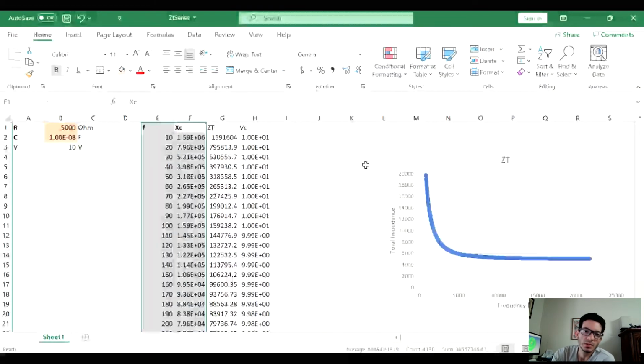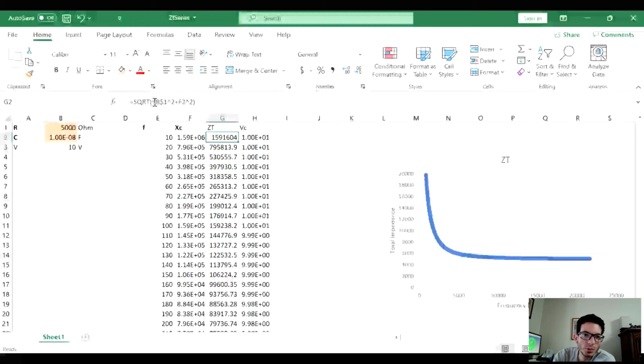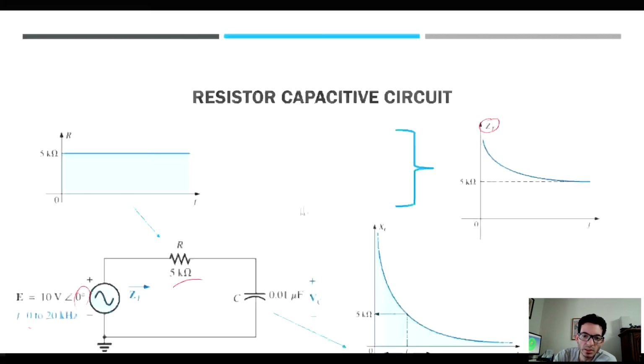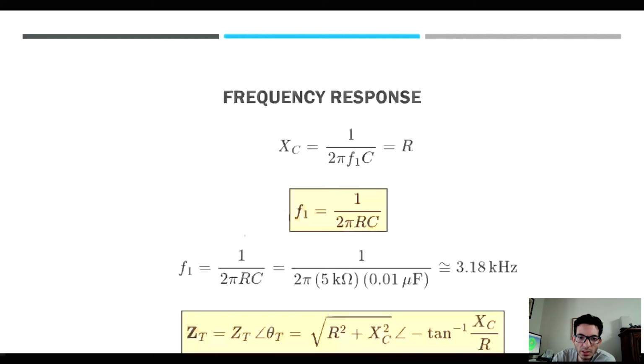Then to compute the total impedance, you simply have to do the square root of the resistor squared plus the reactance of the capacitor squared.